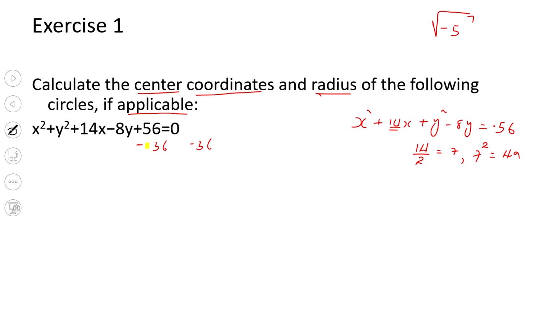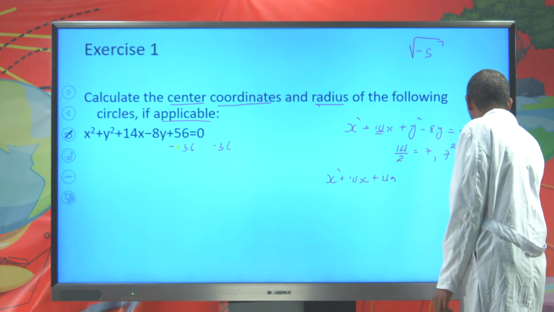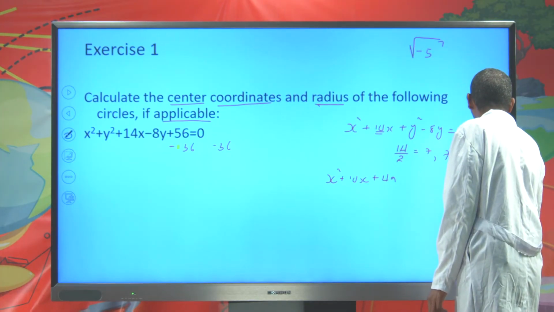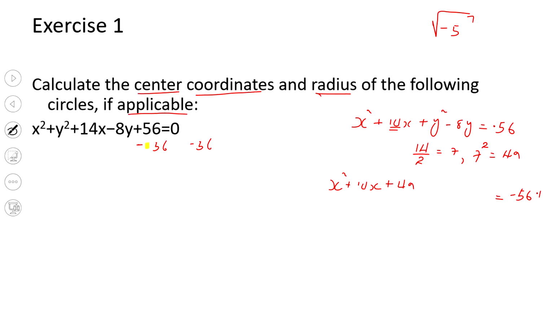So my new equation would be x² + 14x + 49, and since I added 49 on this side, I should also add 49 on the other side. And again, I do the same thing for y.